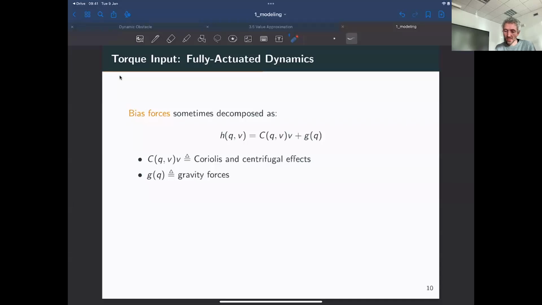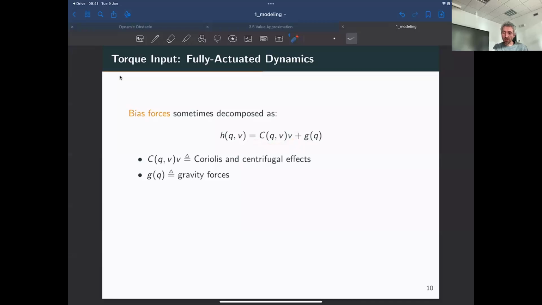The bias forces, as I told you, contain terms depending on Coriolis, centrifugal, and gravity forces, which could be written also in this form by splitting the gravity term, which depends only on the joint configuration Q, and this term here, which is actually quadratic in the joint velocities.